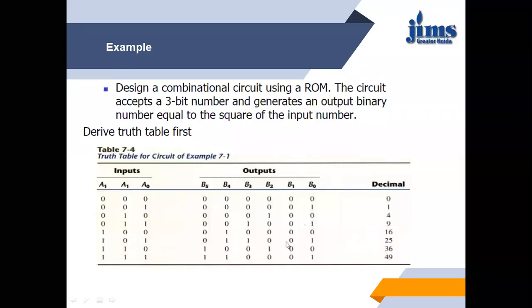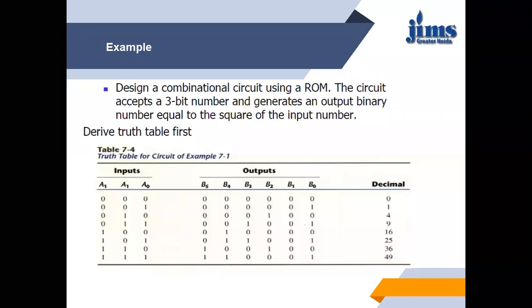For 5, it is 25. For 6, it is 36. And for 7, it is 49. So here we require 6 bits of output to represent 49, because 5 bits are required to represent up to 31. So up to 64 we require 6 bits.